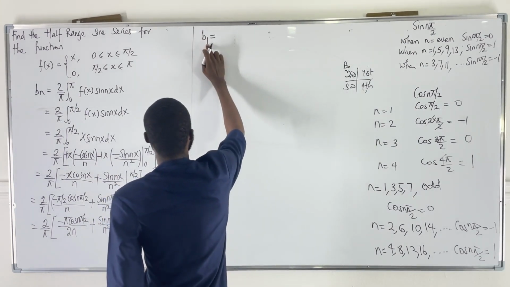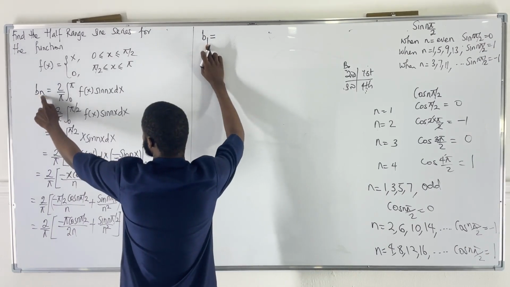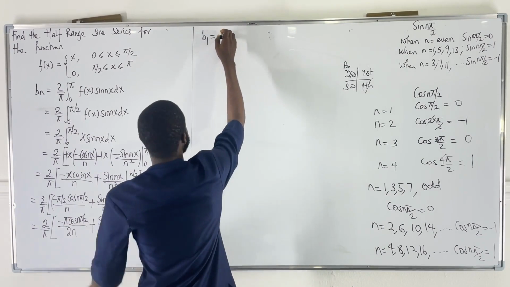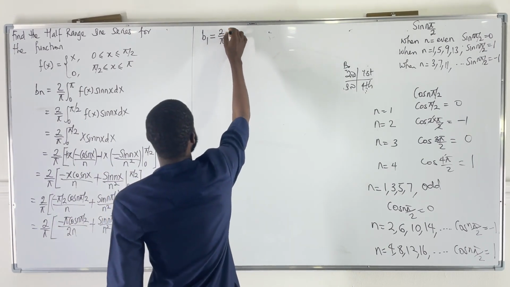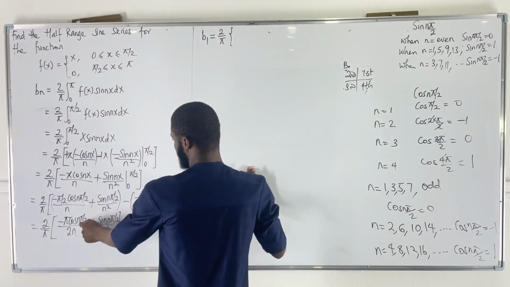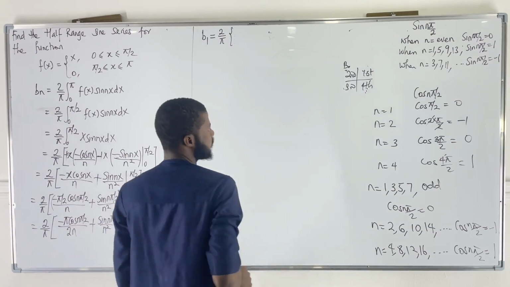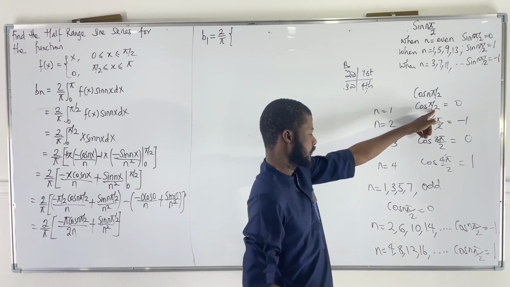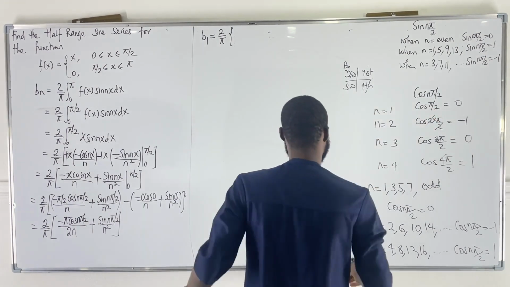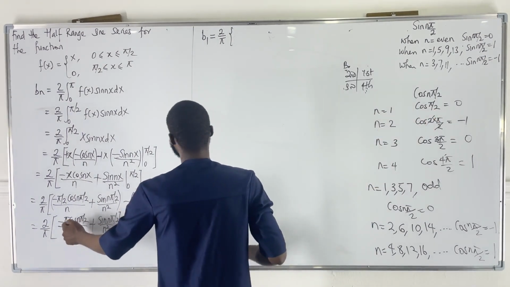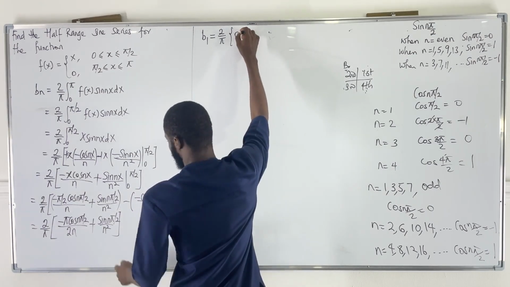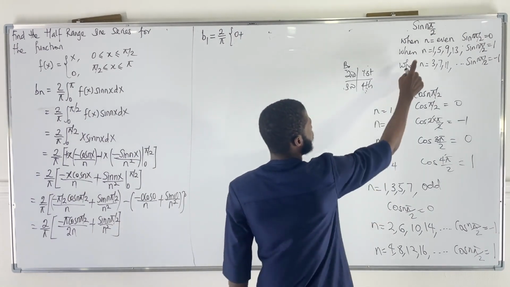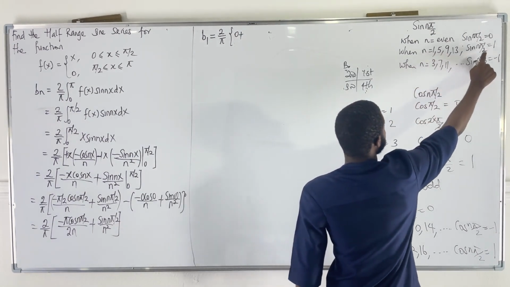So b1 means n is now 1 because this is bn. So if I put b1, that means n is 1. So we have 2 over pi outside. Then let's find the value of this when n is 1. The value of this when n is 1 is 0. So for this part, everything here will be 0. And then plus the value of this when n is 1, which is 1.